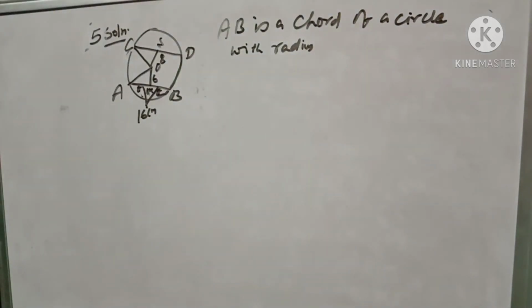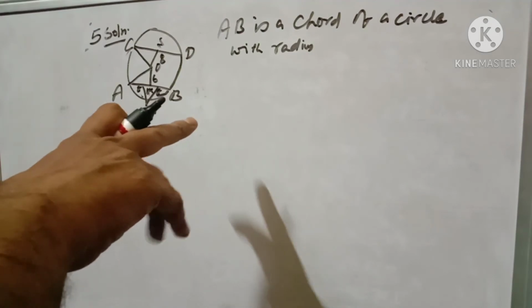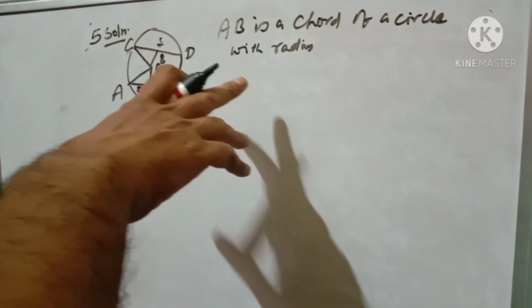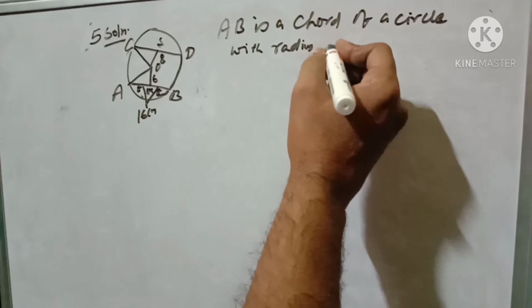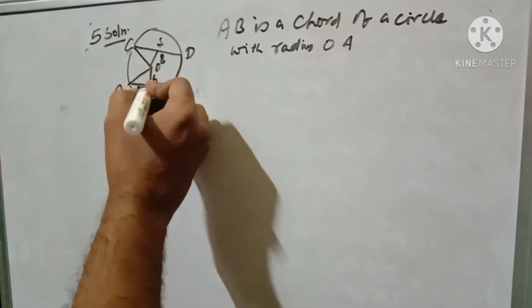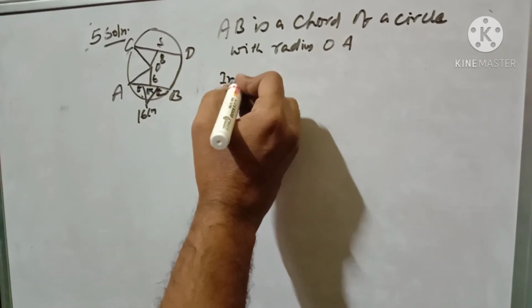Radius is not given. We have to find out. So radius OA. First of all, in triangle OAM.